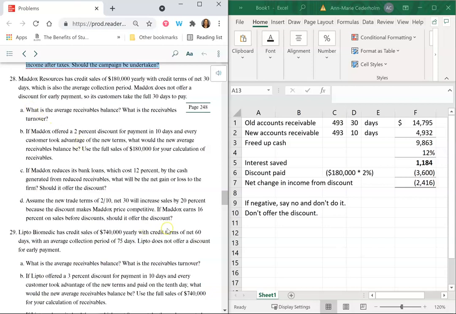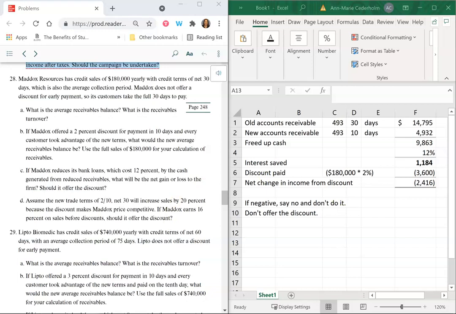In part D, it says, assume the new trade terms of 2% if paid in 10 days or due in net 30, so due in 30 days, will increase sales by 20% because the discount makes Maddox price competitive. If Maddox earns 16% on sales before discounts, should it offer the discount?